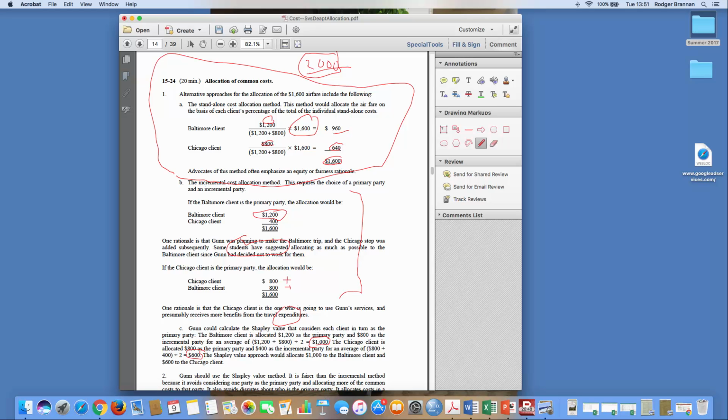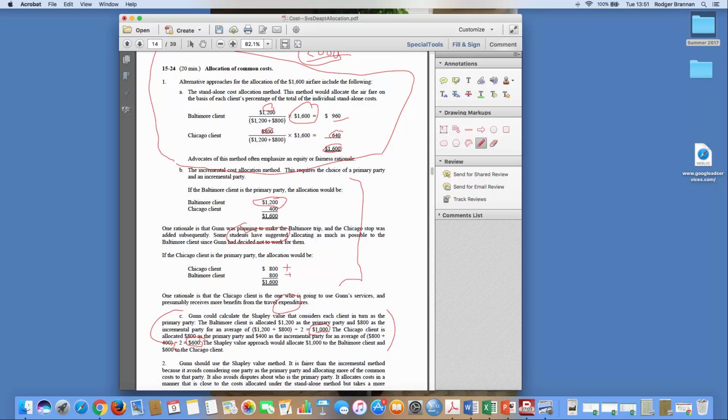Now the problem is if I had 3 or 4, it gets a little bit cumbersome to do. But if you're going to do the Shapley method, it's good. It's probably considered the most accurate, the most fair way of doing things. But in some ways, you're really not gaining a whole lot over and above what you would do with the standalone or proportional method.